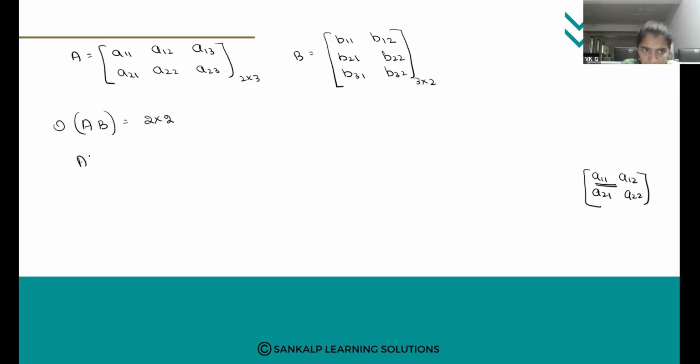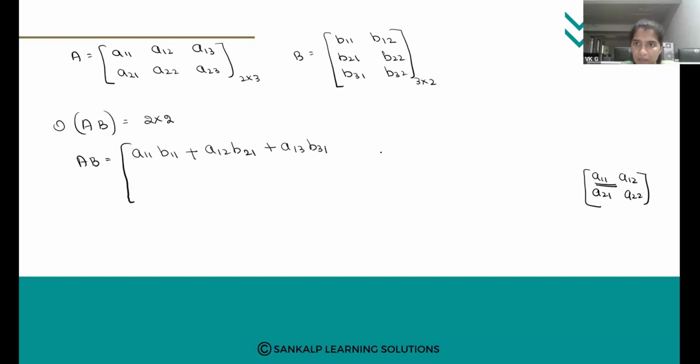So I'll write the product now. First row, A11, A12, A13. First column, B11, B21, B31. Multiply pairwise and then add: A11 with B11 plus A12 into B21 plus A13 into B31.